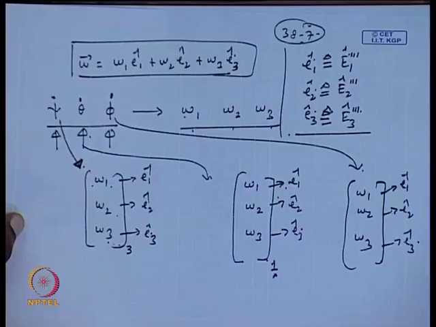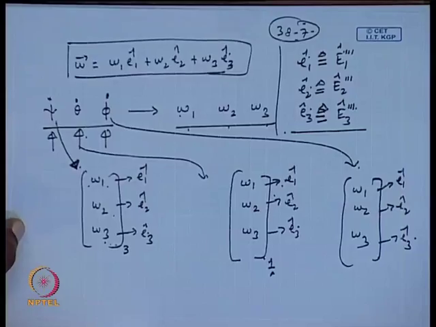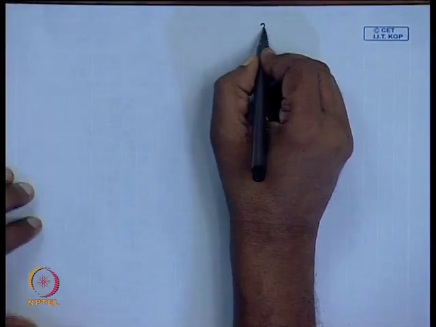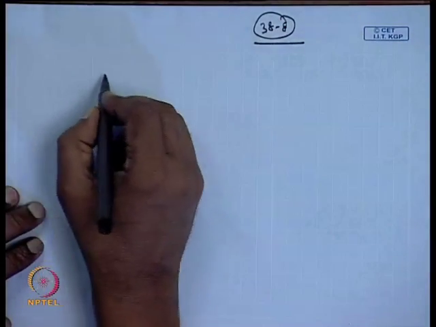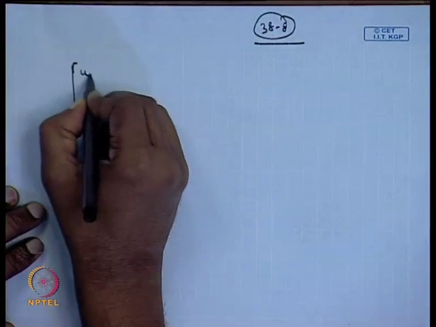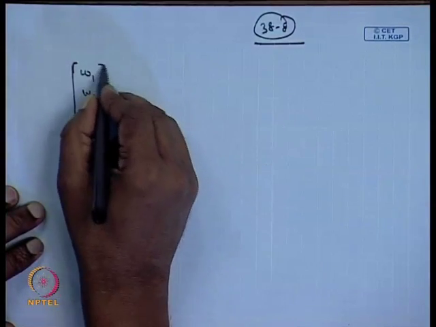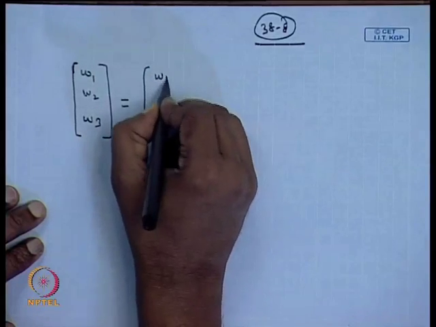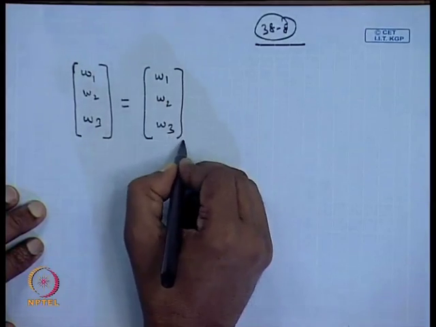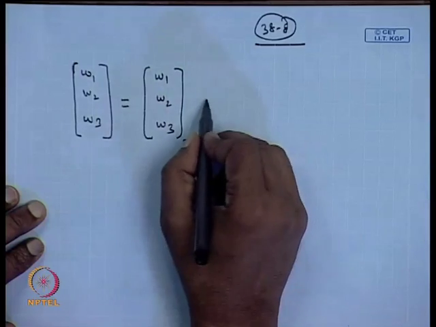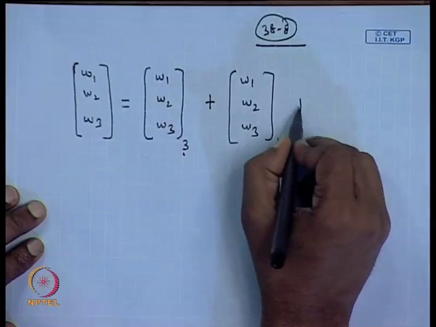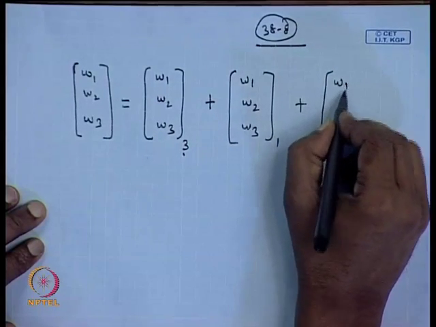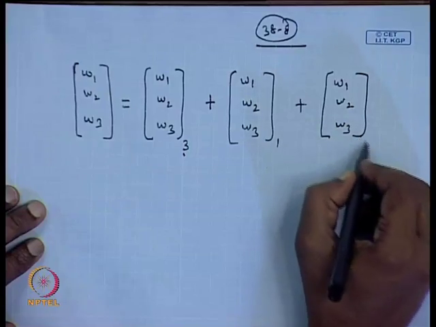So ultimately, omega 1, omega 2, omega 3, this you can write with subscript 3 here. Remember this subscript we are putting here. Omega 1, omega 2, omega 3, this is for 1 and again omega 1, omega 2, omega 3, this is the final rotation.